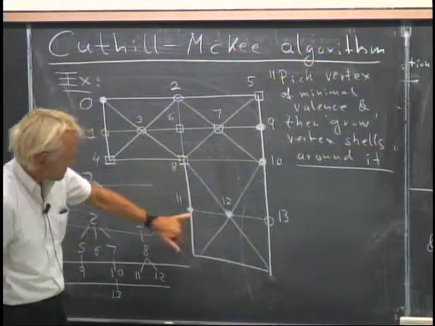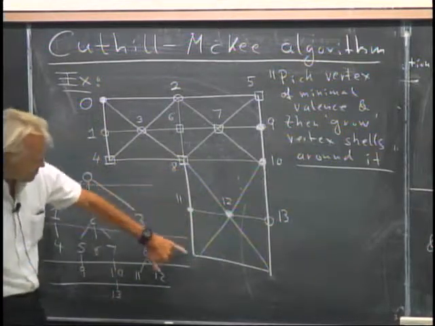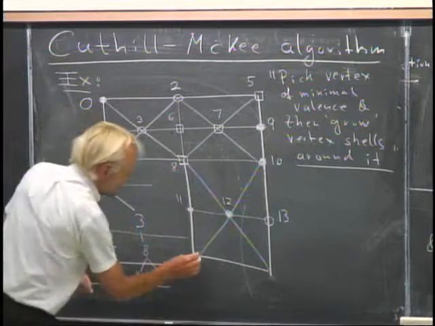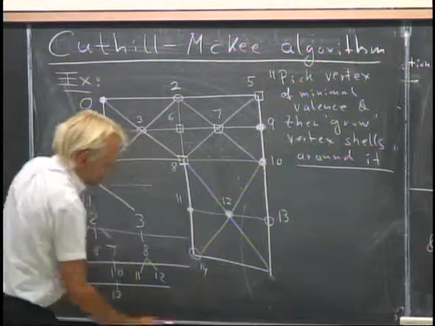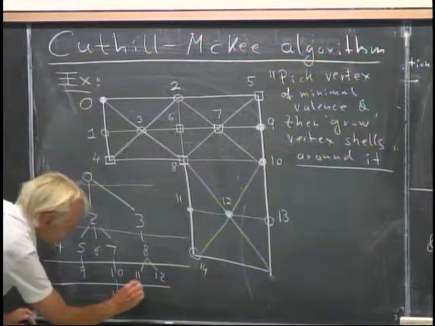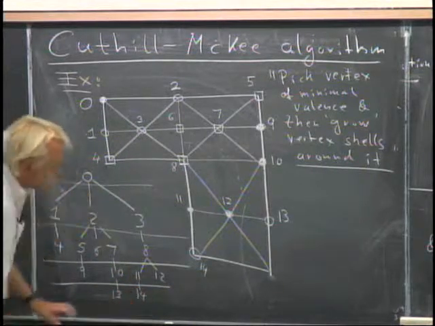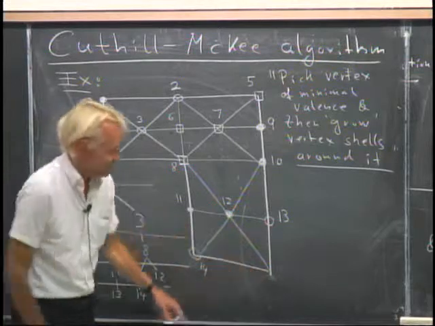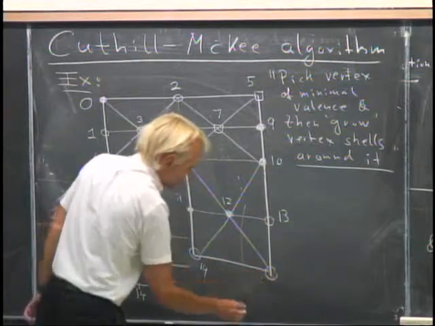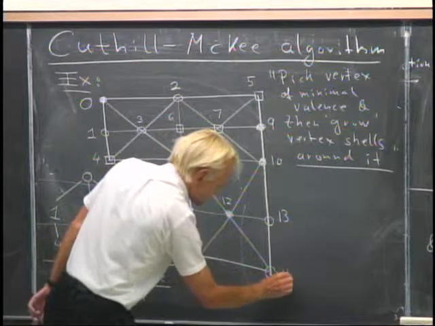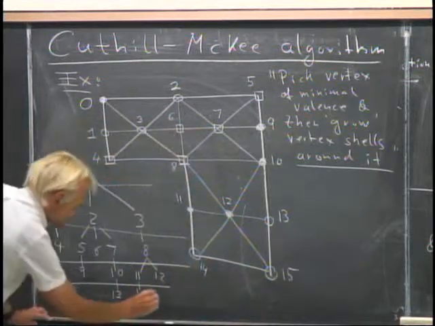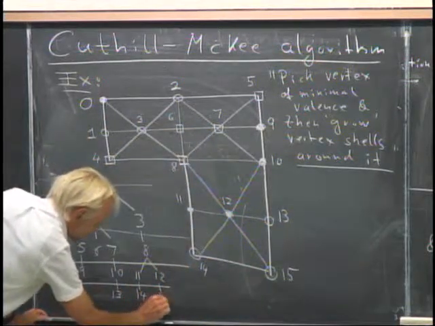Then 11 produces one guy, this one here, which will be 14. And 12 gets the index of the last available vertex, which is 15. So 12 produces 15.